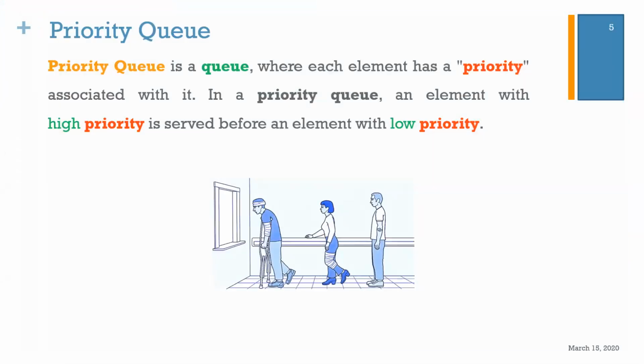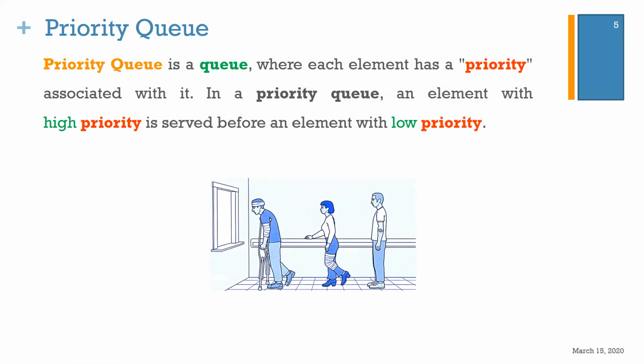A priority queue is a queue where each element has a priority. In all the queue data structures before, there is no priority, only one value stored for each element. But here we need to store another value, the key or priority, for each element. An element with high priority is served before an element with low priority.